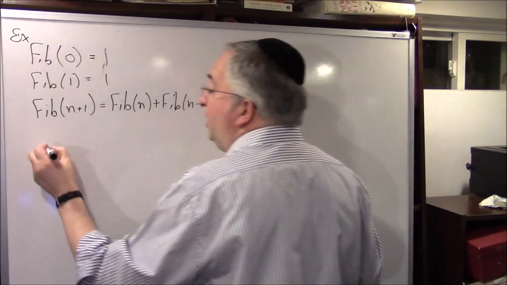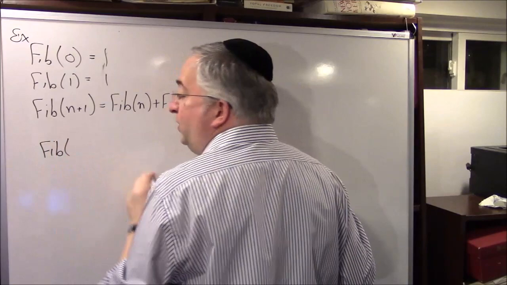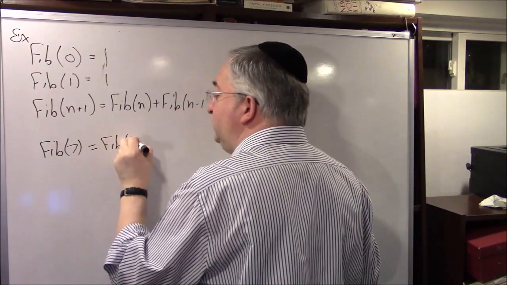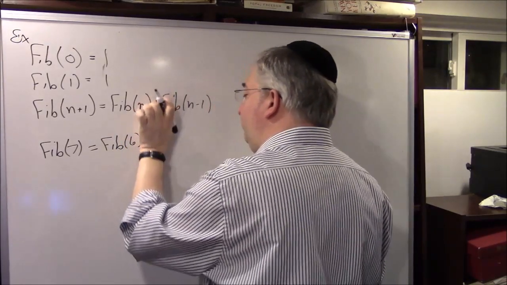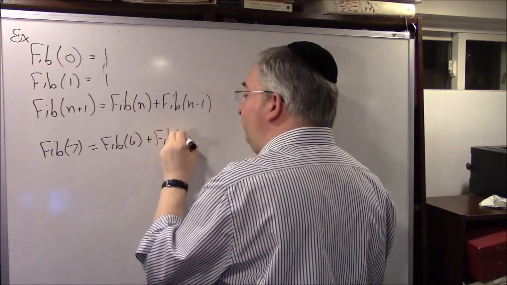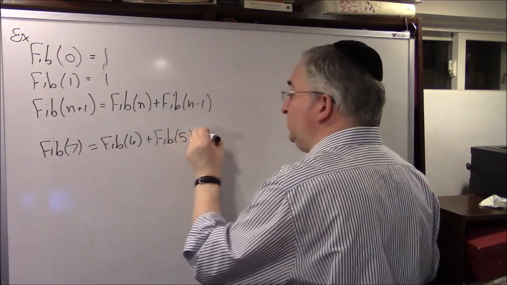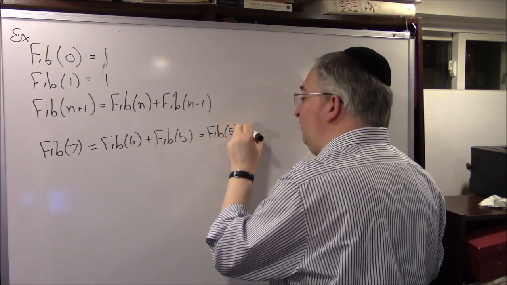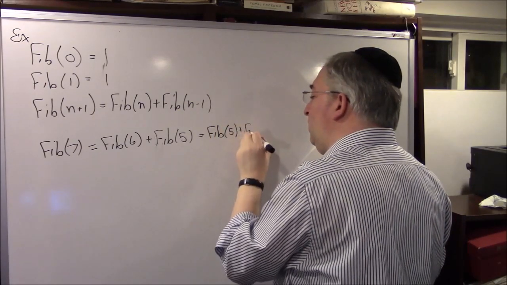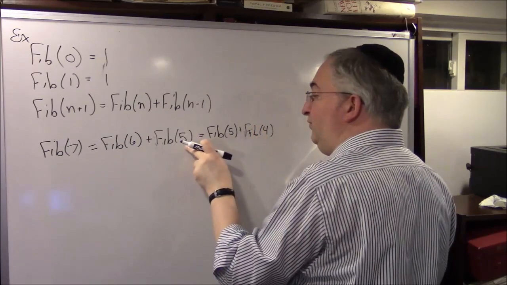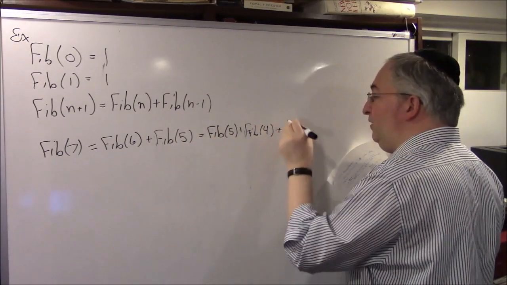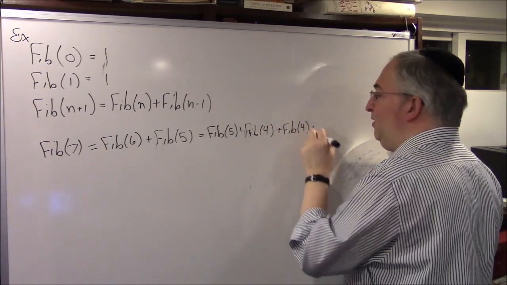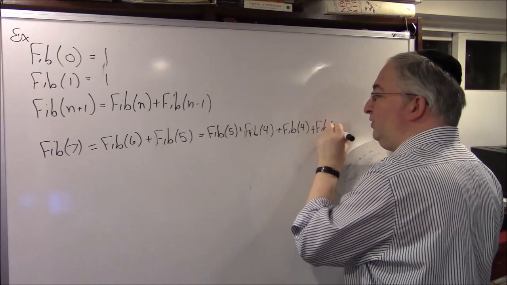Anyways, you want to figure out the 7th Fibonacci number. Well, it's very simple. It's Fibonacci of 6 plus Fibonacci of 5. Oh, what's Fibonacci of 6? Well, this is equal to Fibonacci of 5 plus Fibonacci of 4. Don't forget Fibonacci of 5 here. What's Fibonacci of 5? It's Fibonacci of 4 plus Fibonacci of 3.